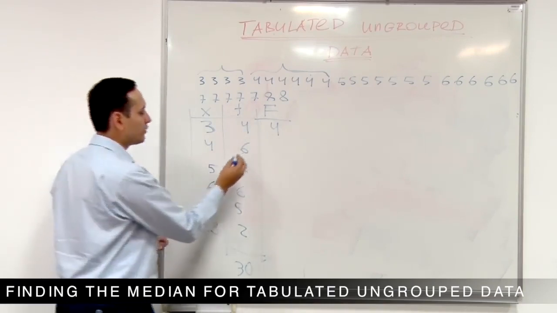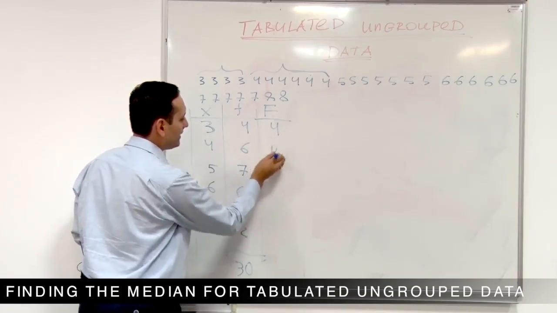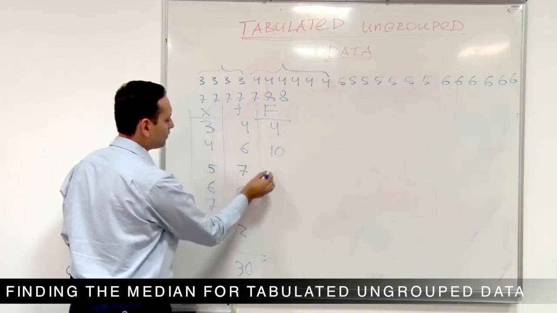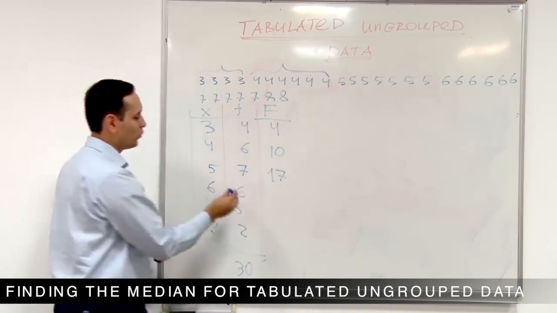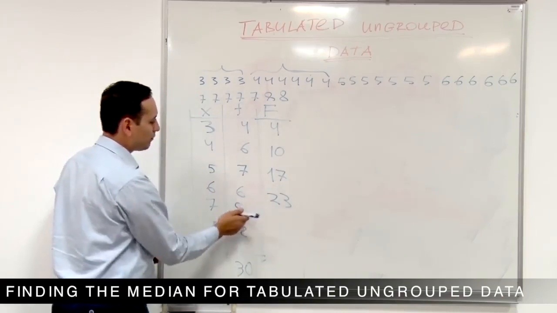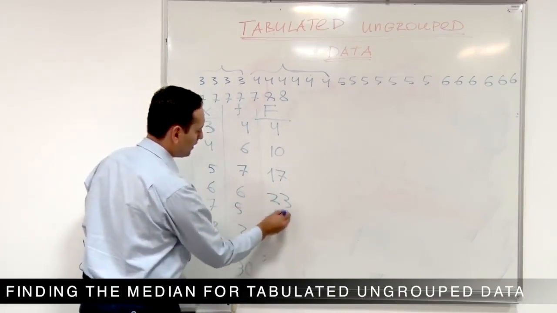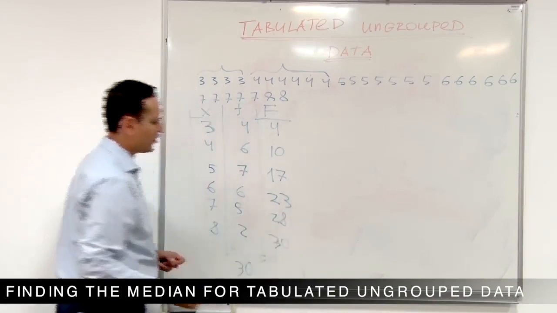For example, 6 plus 4, we write 10. 10 plus 7, we write 17. 17 plus 6, we write 23. 23 plus 5, 28. 28 plus 2 is 30.